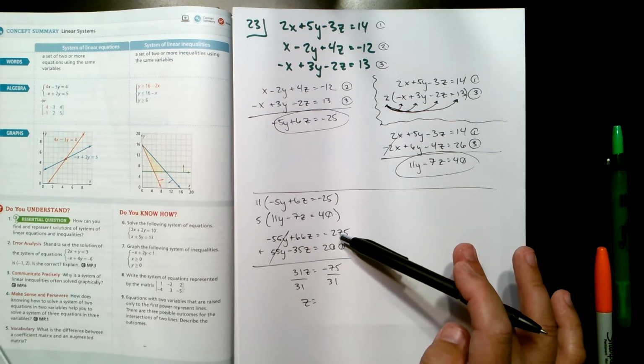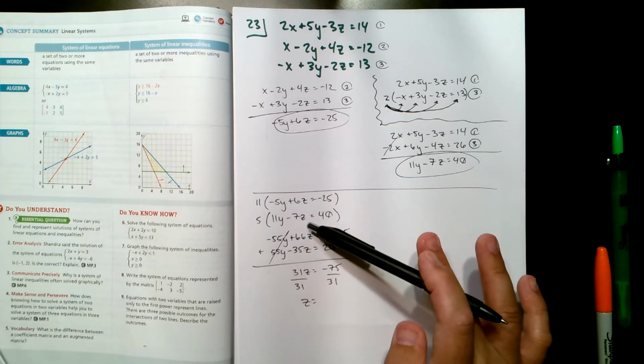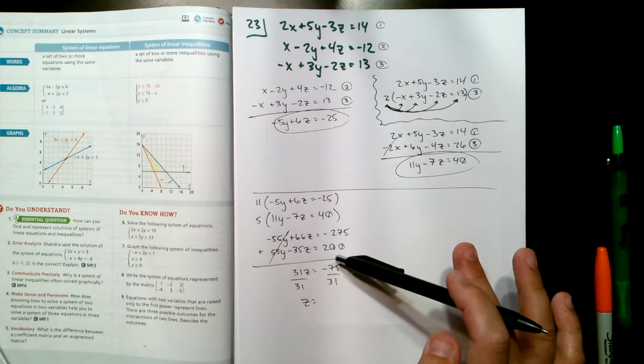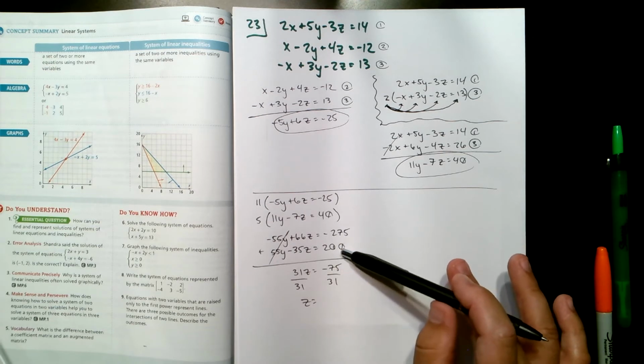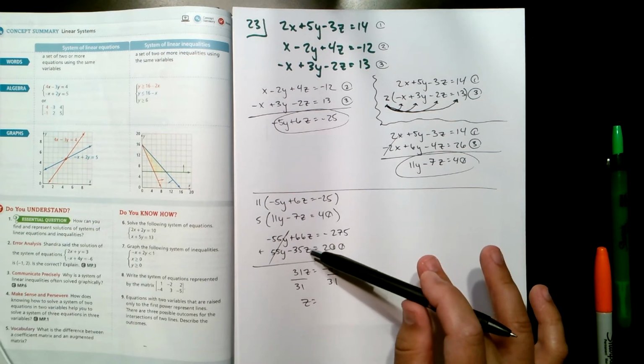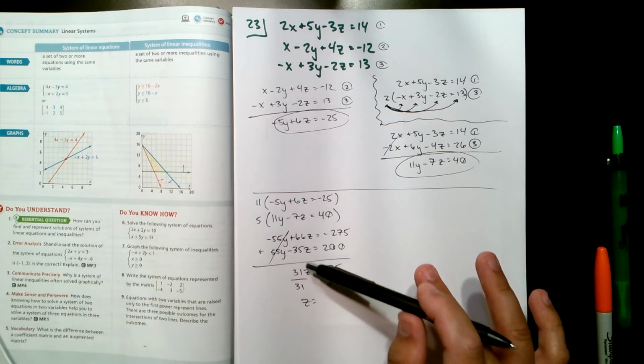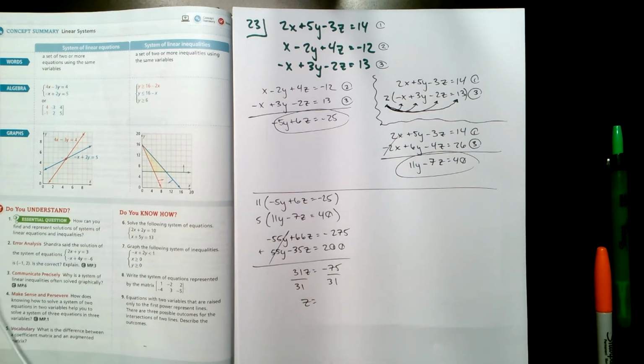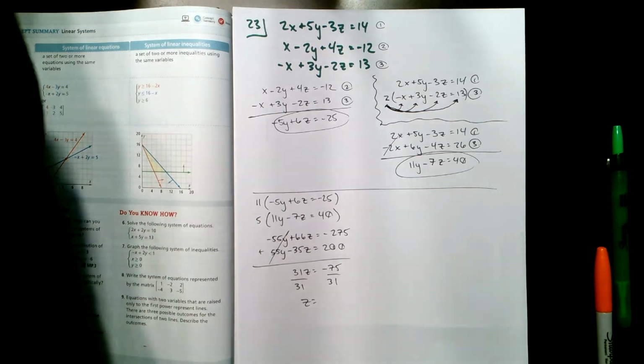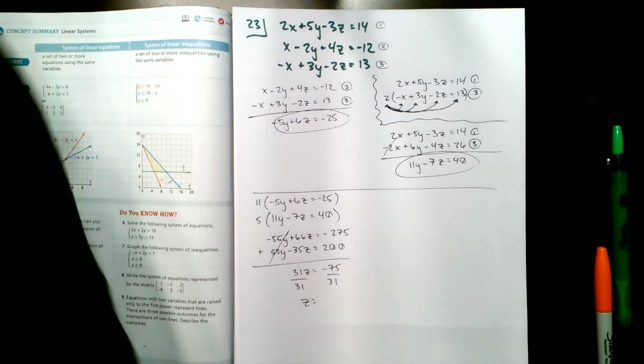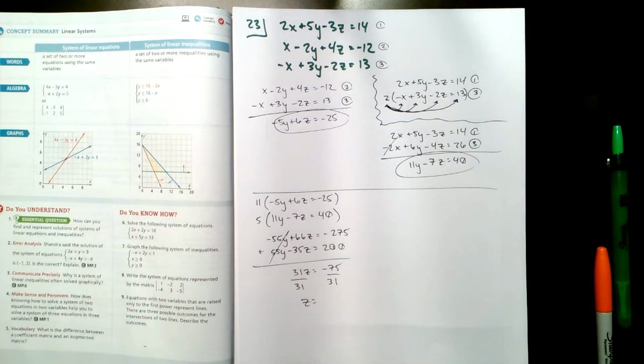So let's see. Let me try to track this down. 11, 55, 66, negative 275, 55, negative 35, 200, 31.